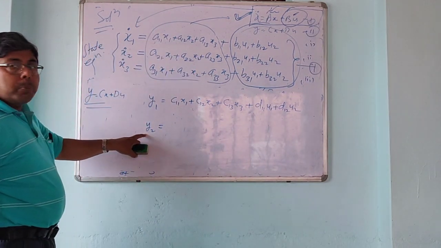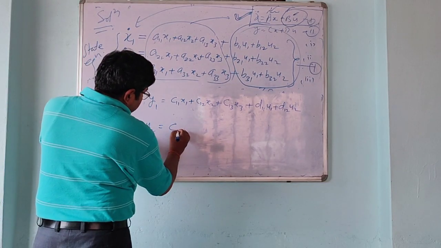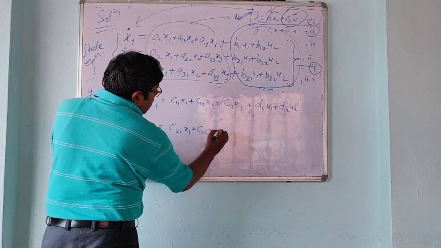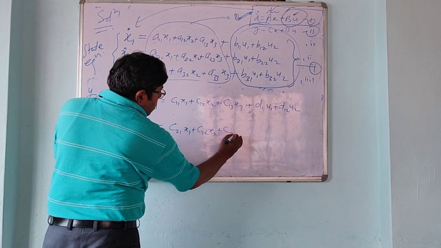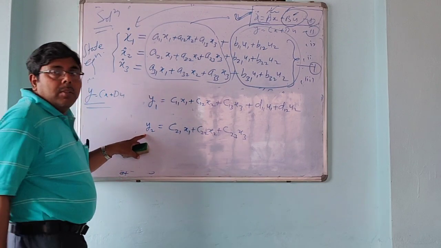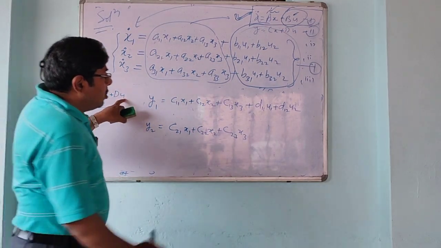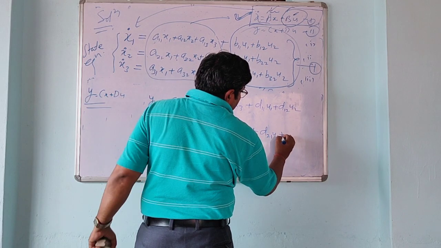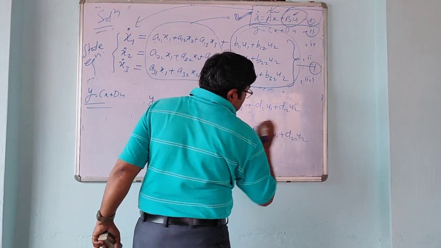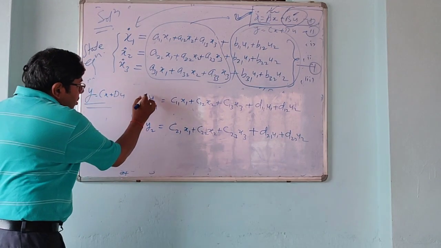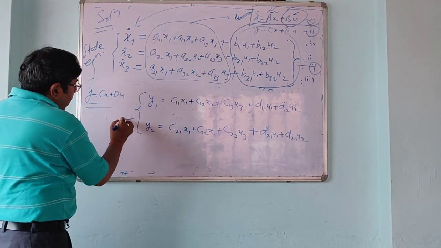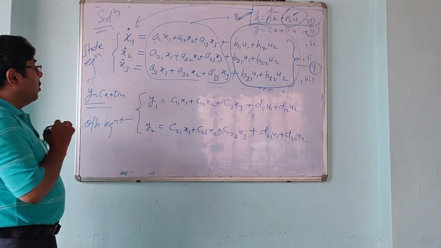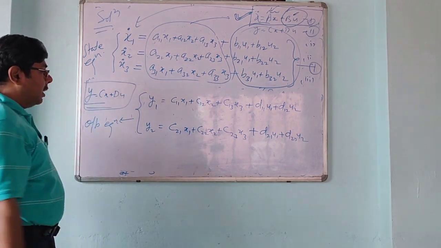Similarly, for the second output, you can write C21 x1, C22 x2 plus C23 x3, and for the two inputs, D21 u1 plus D22 u2. So these two equations are called output equations, which is this equation, y equals Cx plus Du.